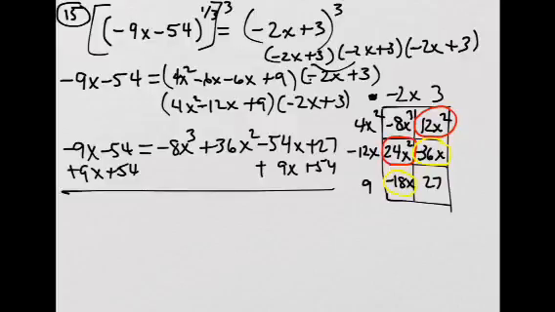Okay, on the left side we have 0, negative 8x cubed plus 36x squared, then negative 45x, and then positive 81. Alright, so 15 presents a problem because it does not factor with grouping, and it doesn't have a rational 0.